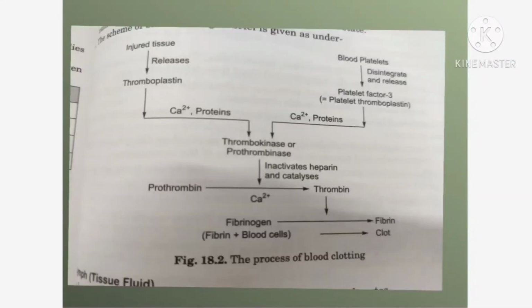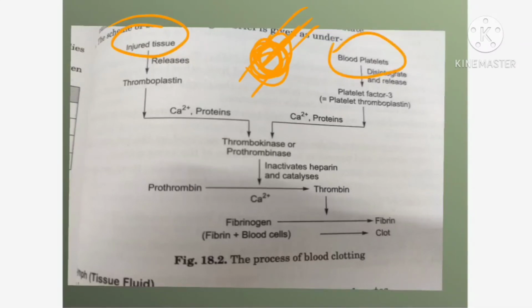When there is a cut or an injury, imagine this is my hand and the cut has taken place here. In this place the tissues are getting injured, as well as some blood vessels. So, the platelets present in the blood vessels are exposed to air, and the injured tissues are also exposed to air.